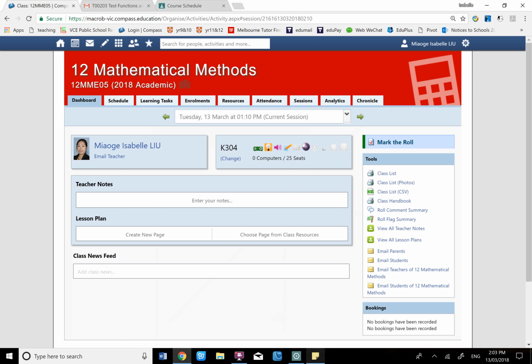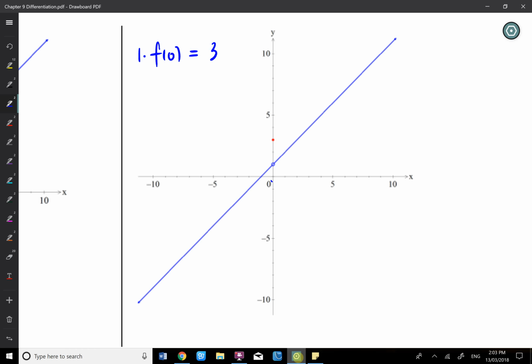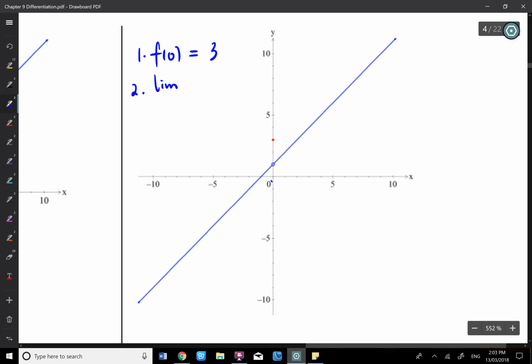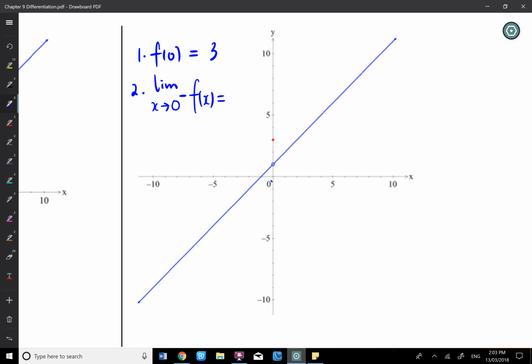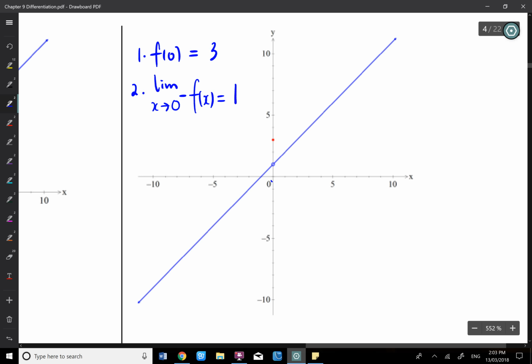Okay, number 2. The limit as x approaches 0 from the left of f(x) equals what? Well, think about it, there's a person here walking along the path to the 0 location, which is here, approaching 1, right?